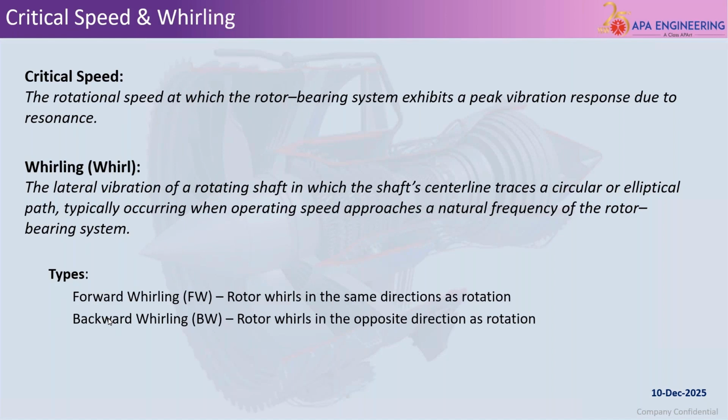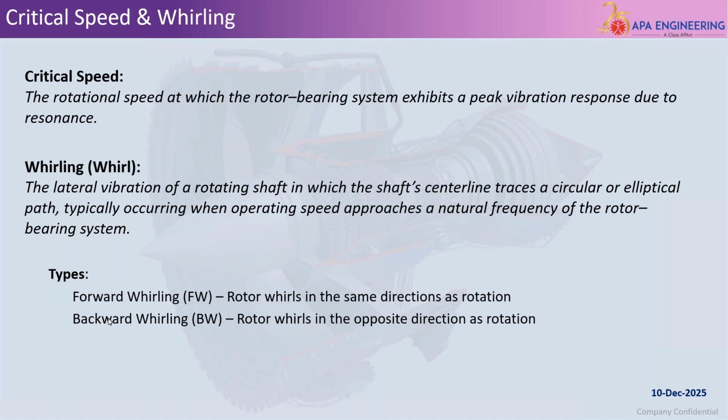This is a dangerous zone, and we should avoid it. We cannot completely eliminate it, but we can design the machine so that it accelerates through this critical speed quickly enough. Our focus will be that the operating frequency is away from these critical speed zones.